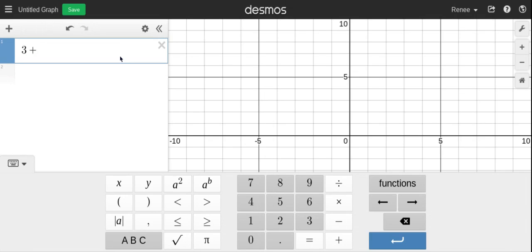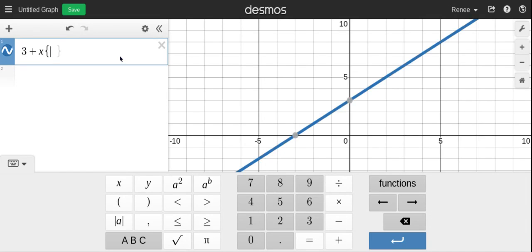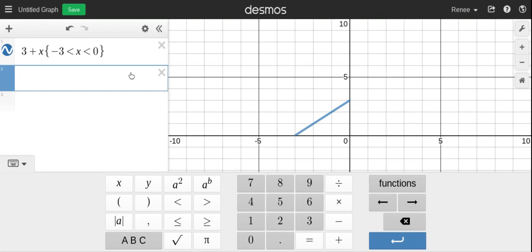Three plus x from -3 less than x less than 0. The middle part, if you have 3 where x is equal to 0, that's actually a point.